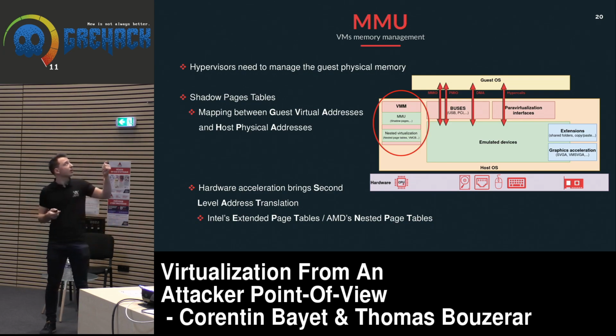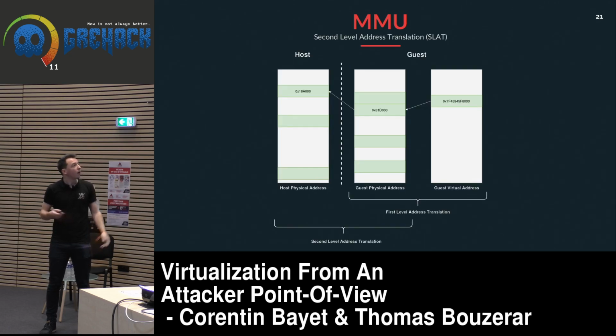But it would be very, very slow to trap on every memory access to get the actual address in the RAM, translate it, and do the memory access. So there is a hardware acceleration developed by CPU vendors called SLAT, or second level address translation. Of course, it has a different name on Intel and AMD, because why not complicate things a bit more. How does it work basically?